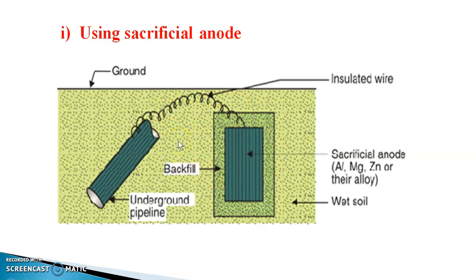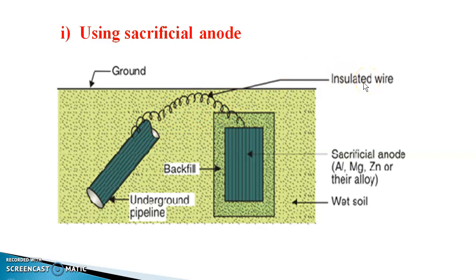Now the method is very simple. The metallic structure to be protected from corrosion is connected to the anodic metal, which is very active, with the help of insulating wire.